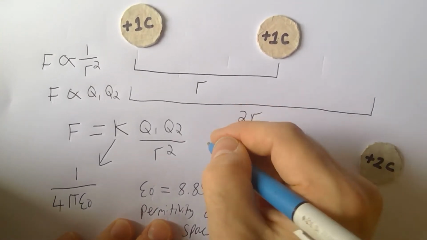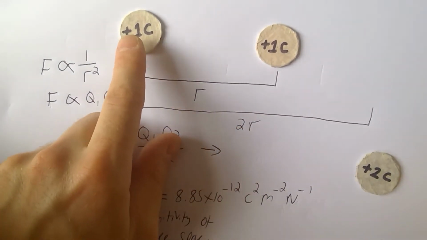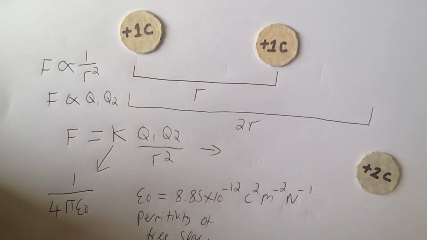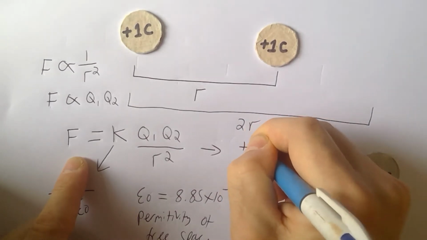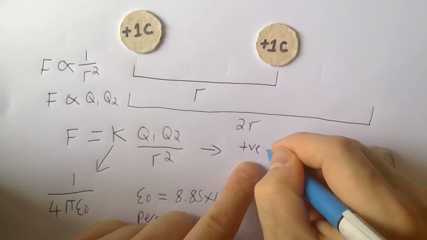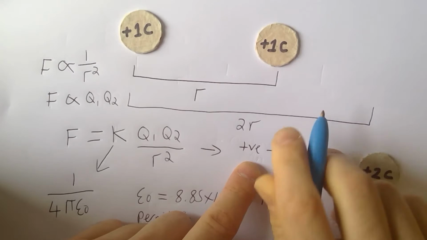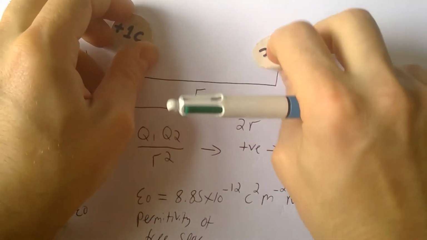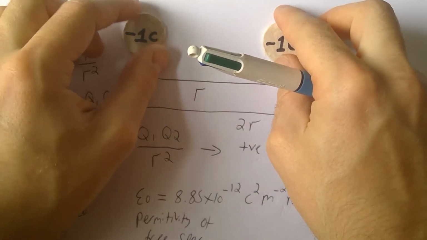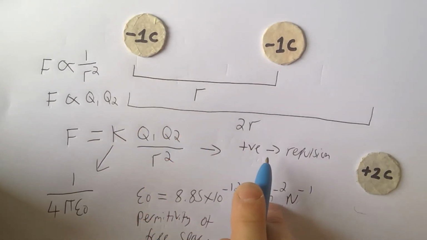One thing that's worth looking at is this. If Q1 and Q2 are both positive, the force will come out as positive. These will be repulsive. A positive force means repulsion. If they're both negative, again they will repel, but a negative times a negative is still positive.